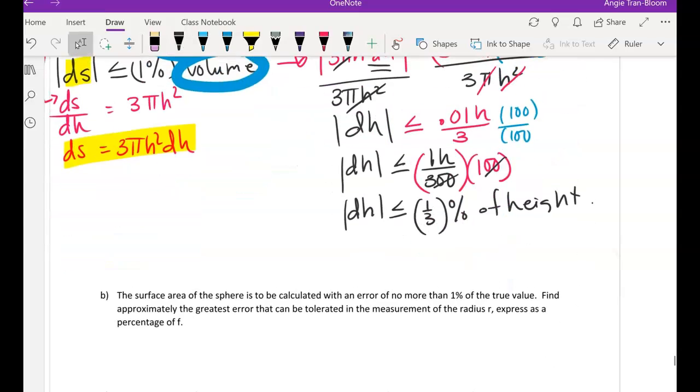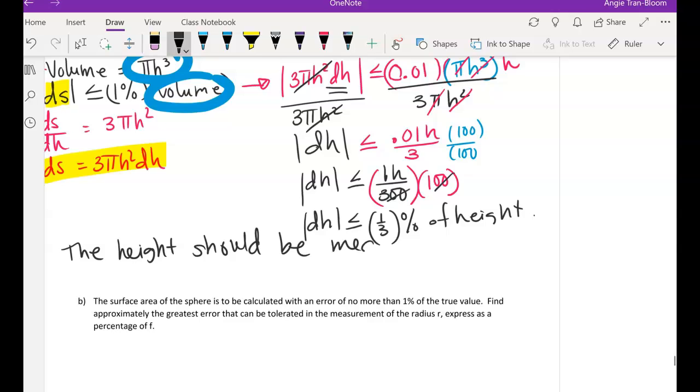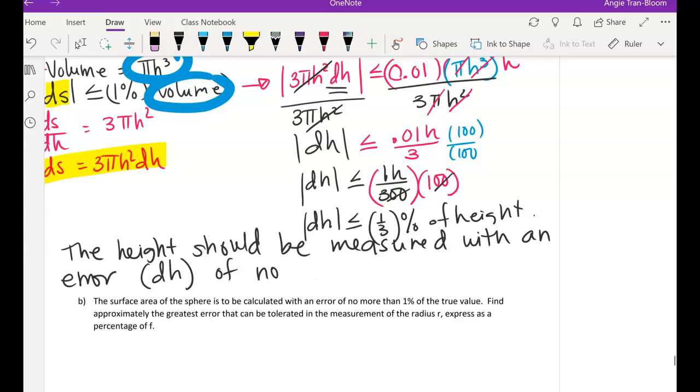Okay, so now let's spell that out. We are going to say the height should be measured with an error, which is, remember, dH is the error for height, of no more than 1/3 of a percent.